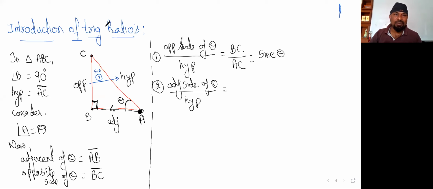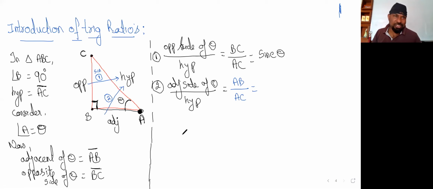Now, the second relation what we are talking is nothing but, so what we said, adjacent side of theta by hypotenuse. This is the second relation what we are taking. Which is adjacent side of theta? AB, and hypotenuse is obviously AC. Are you able to understand?